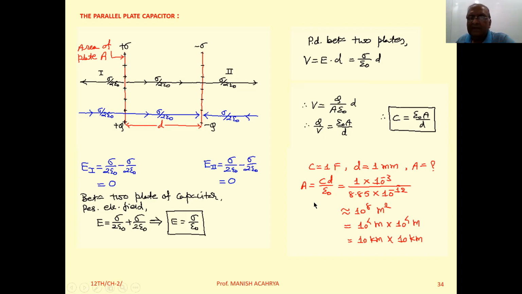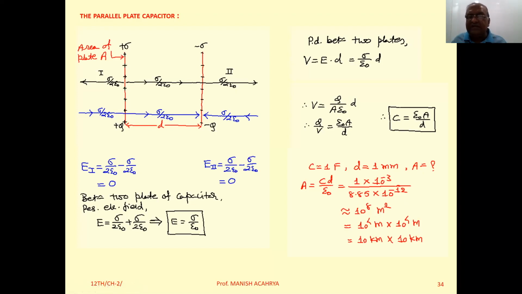Okay, so from this equation of the capacitance we can write A equal to C d upon epsilon 0, C is 1 farad, d is 1 millimeter, that is 10 raised to minus 3 meter, epsilon 0 is 8.85 into 10 raised to minus 12. If you solve this one, the answer will be nearly equal to 10 raised to 8 meter square.